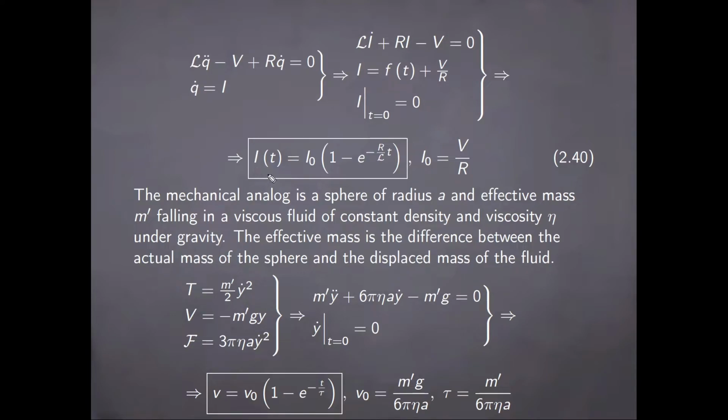we find the current as a function of time, having the expression here with I0 being the steady state current given by V over R. So it is, once again, just Ohm's law for the steady state regime of this circuit.